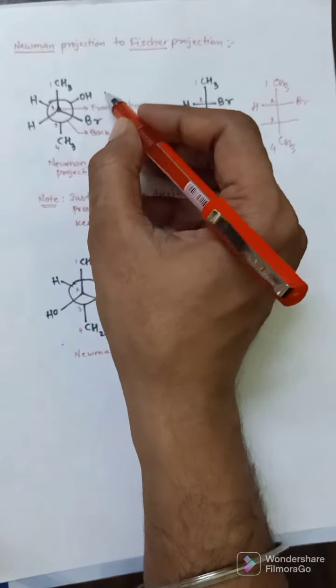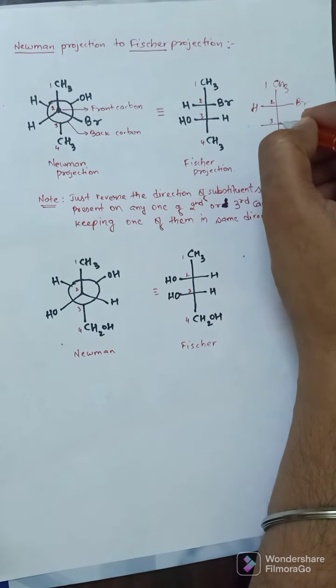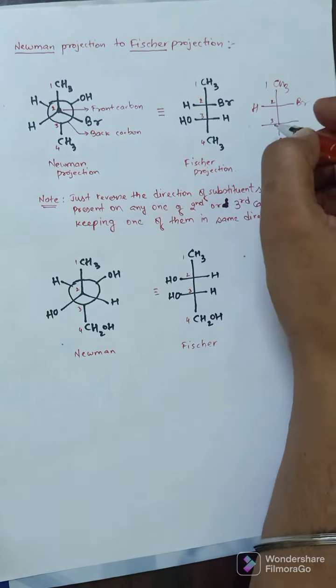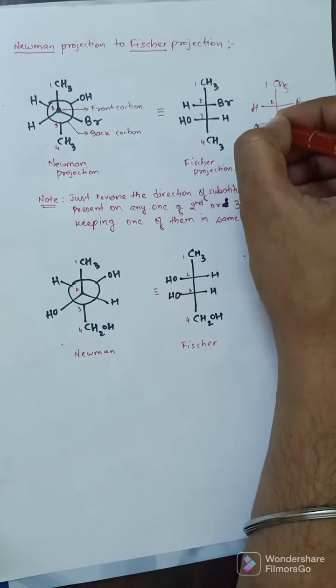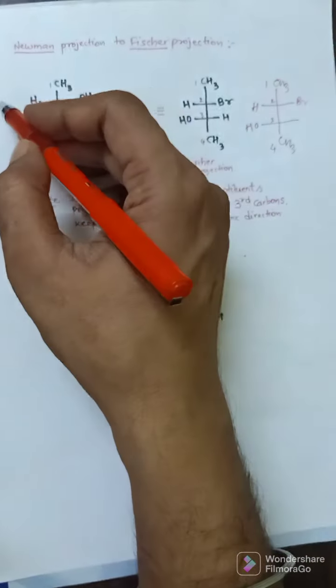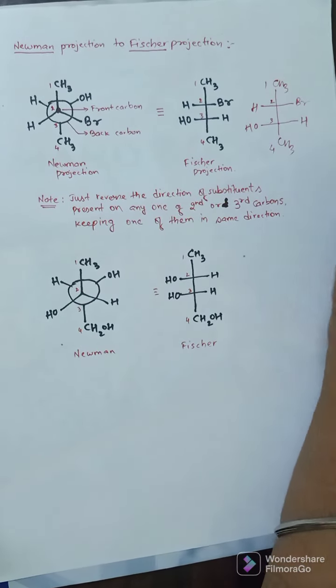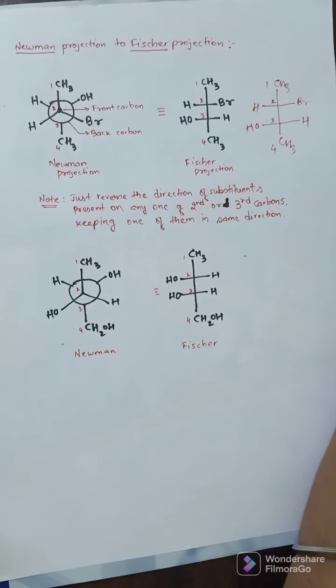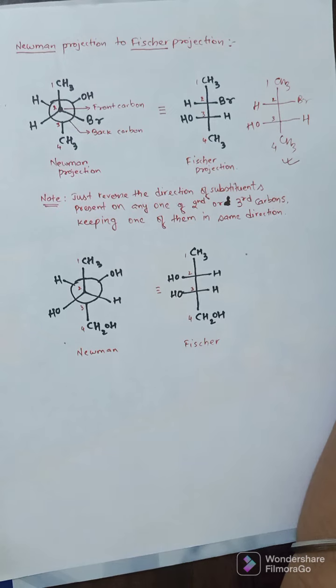OH is on the right hand side, hydrogen is on the left hand side, so I will reverse the position. We will keep OH on the left hand side and hydrogen on the right hand side. So this is your required Fischer projection.